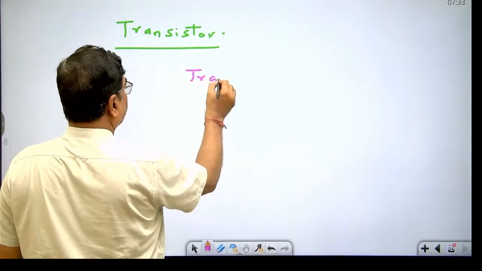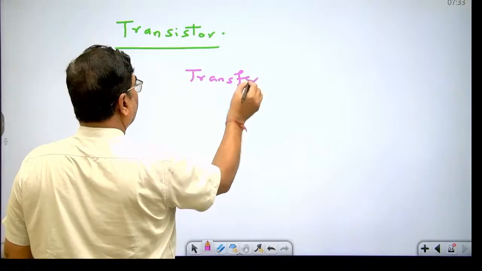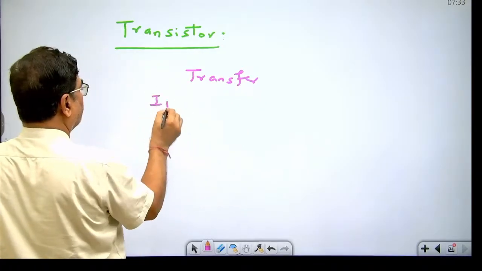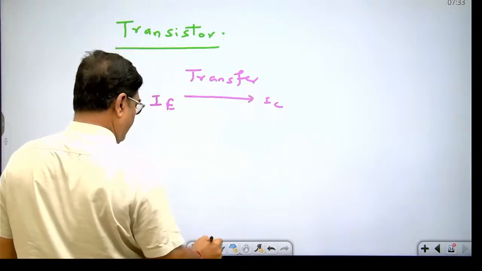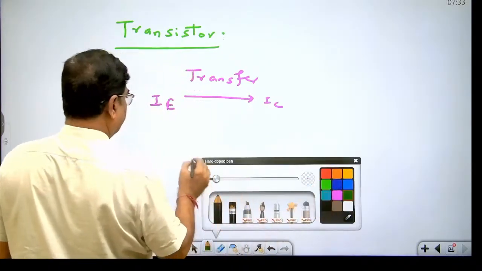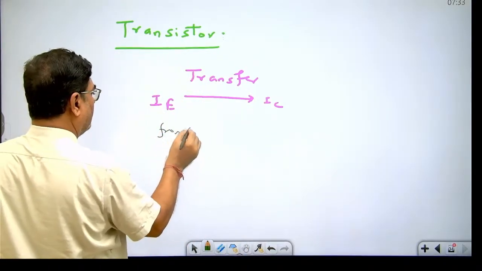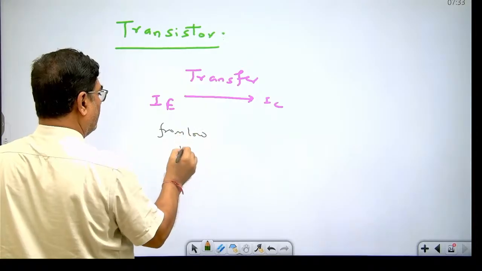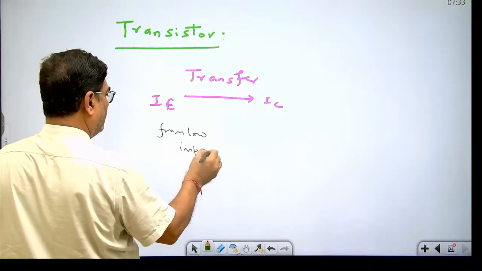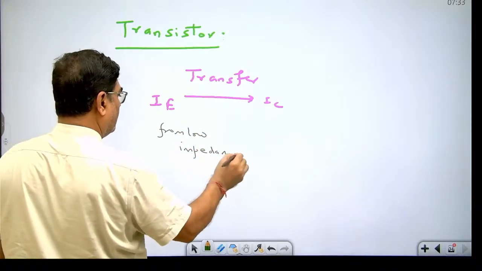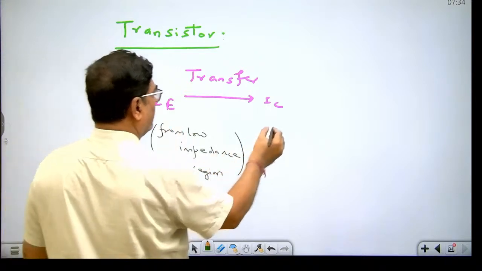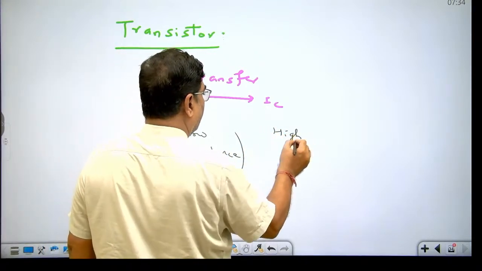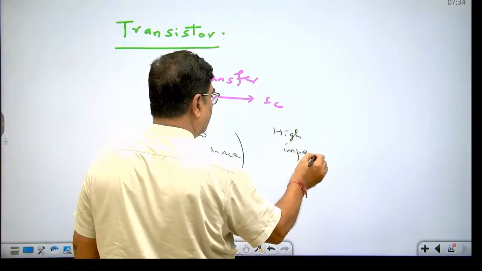They transfer emitter current as collector current from the low impedance zone to the high impedance region.